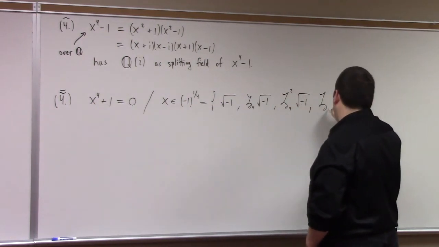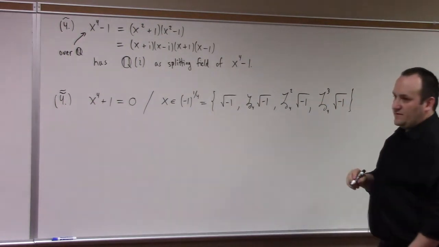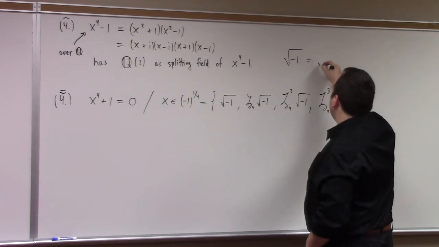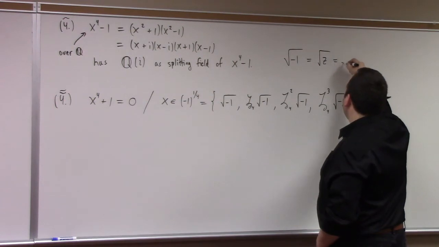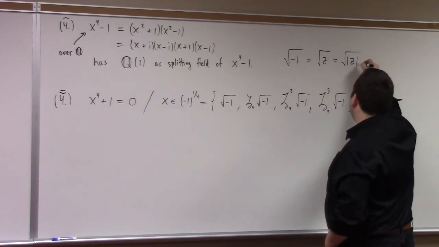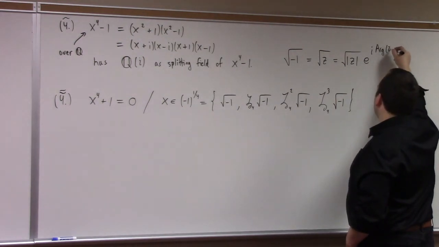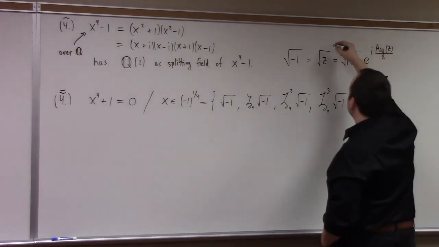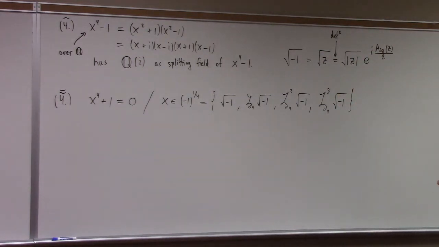It's zeta 4 cubed times the root of minus 1, where I'm using the principal root. So here we're looking at the square root of z, which is the square root of the modulus of z times e to the i arg of z divided by 2. This is just the definition of the principal square root in complex analysis.